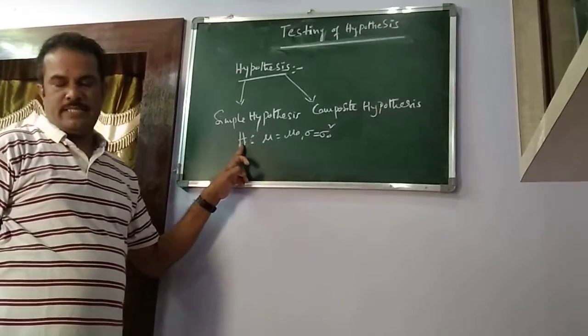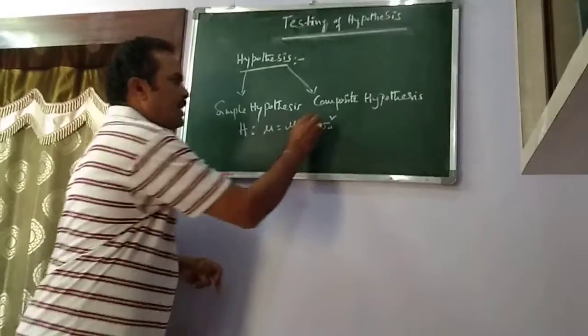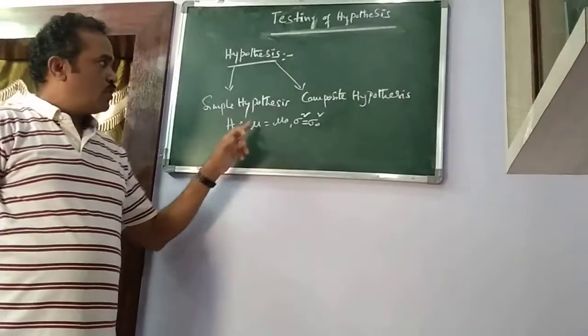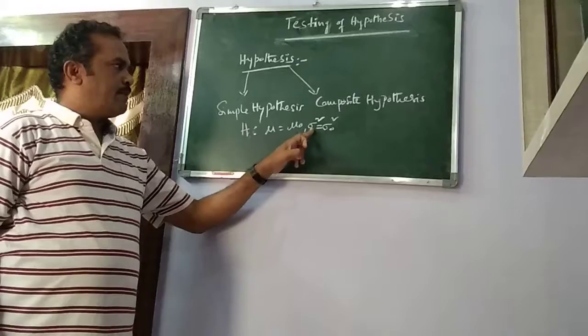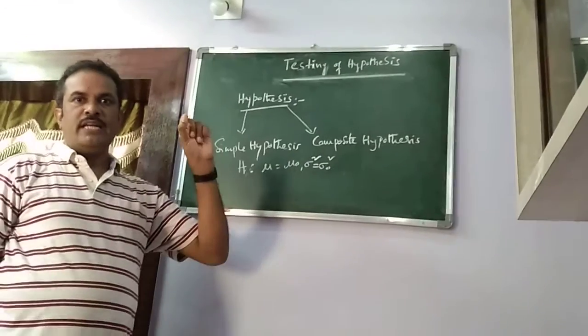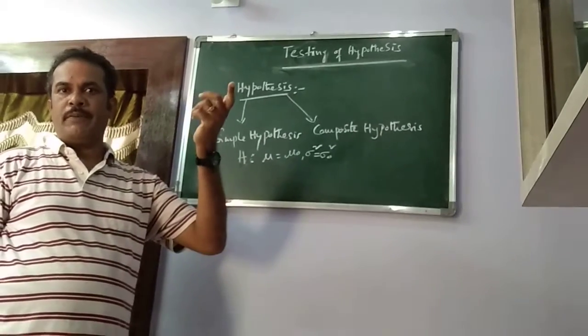H denotes the hypothesis. Mu and sigma square are the parameters. Mu takes the value mu naught, and sigma square takes the value sigma naught square. I told you clearly that the definition of a hypothesis is a definite statement about the population parameters.